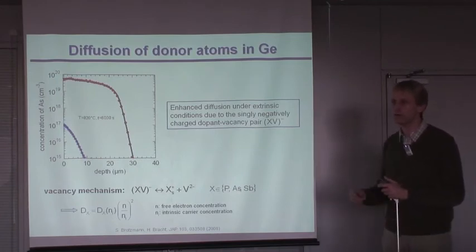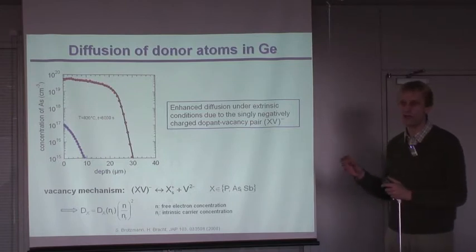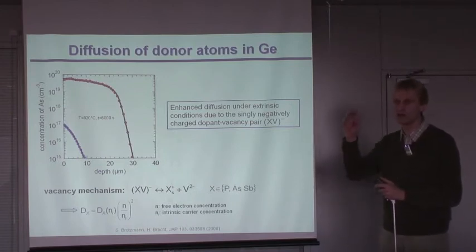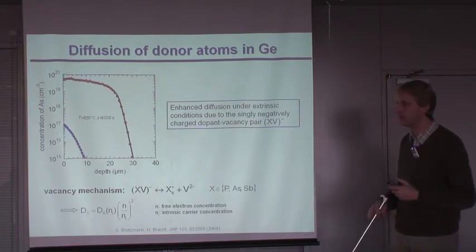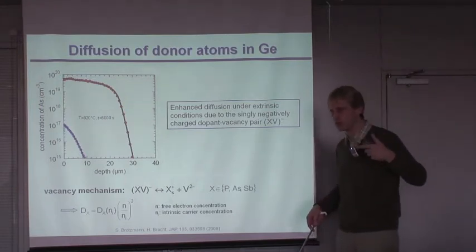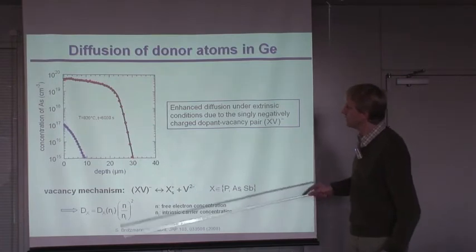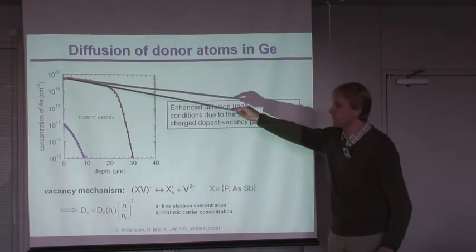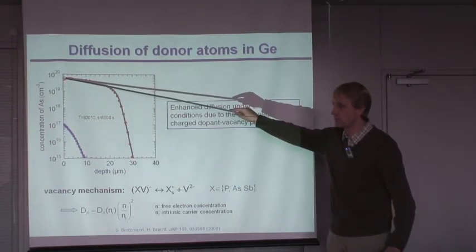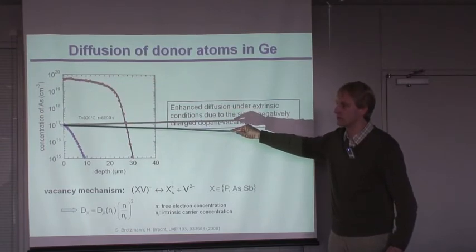That means it depends on the amount of arsenic you offer in your diffusion ampule. You may have a very high pressure of arsenic or a low pressure of arsenic. And depending on this activity, due to the pressure of arsenic in your ampule, you can adjust a high concentration of arsenic at your surface of germanium or a low concentration.